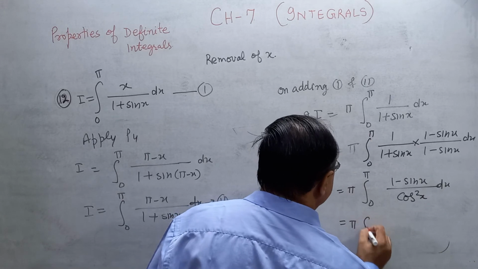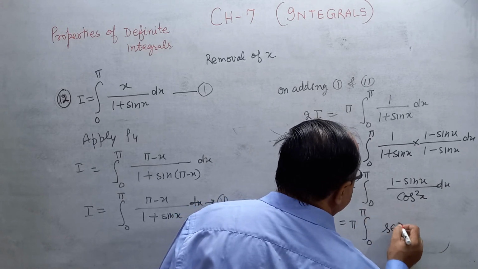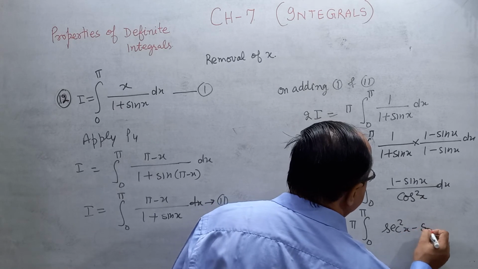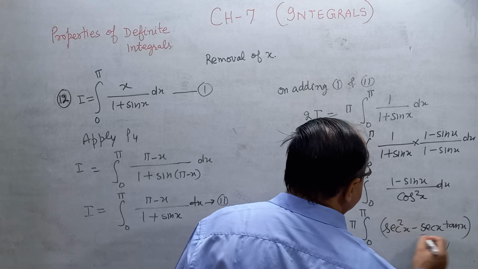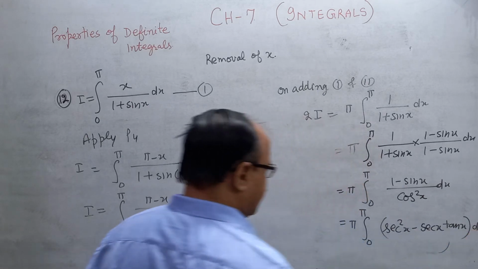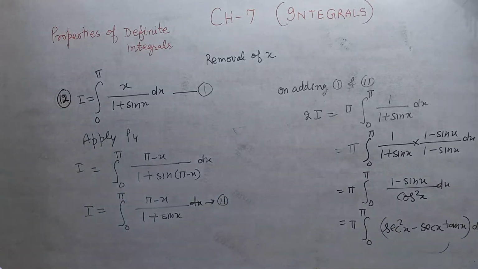Further you can solve from 0 to pi, separate: sec square x minus sec x tan x dx. Clear?